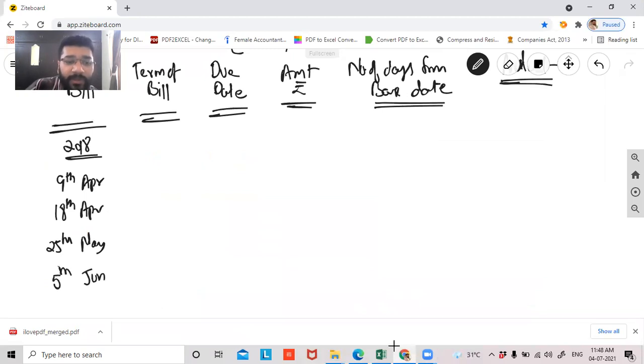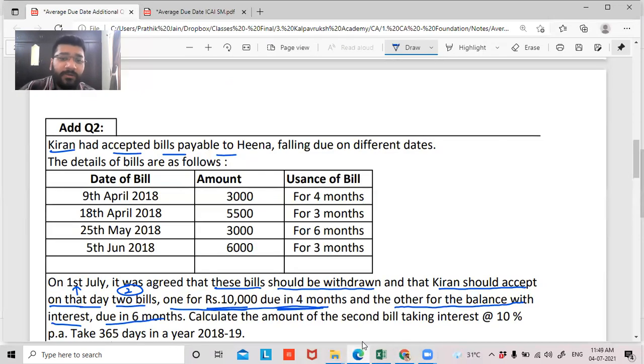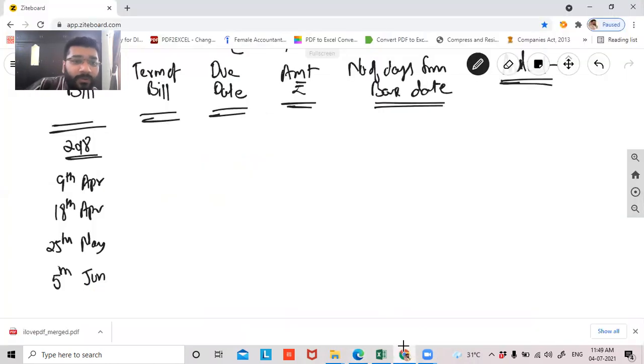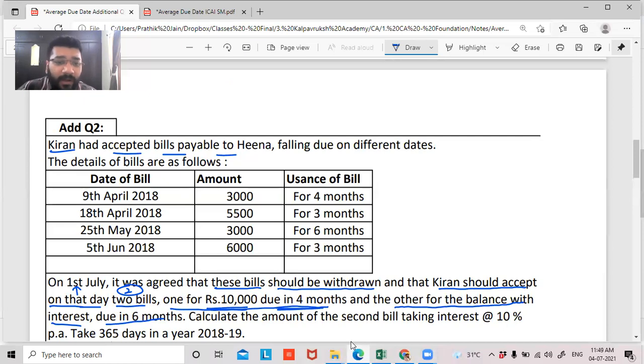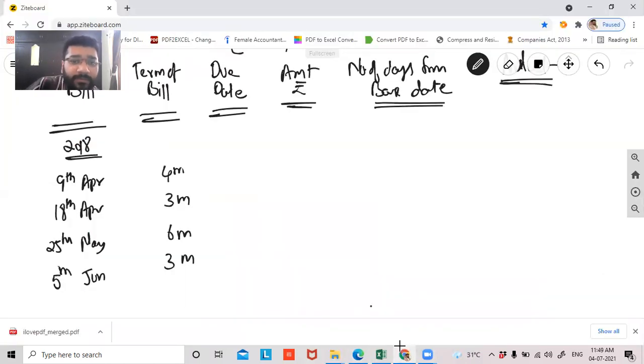And the term of bill is 4, 3, 6, 3. You can put in M here, M stands for months. Then the amounts are 3,000, 5,500, 3,000, and 6,000, guys.